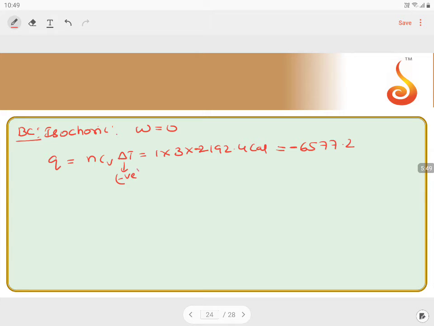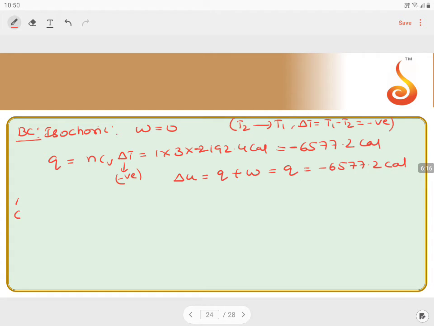Since temperature is moving from T2 to T1, delta T is equal to T1 minus T2, which is negative because it is cooling in the process. Now delta U is equal to Q plus W, which is Q, minus 6577.2 calories.